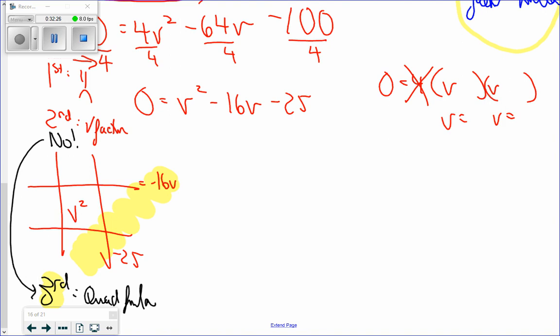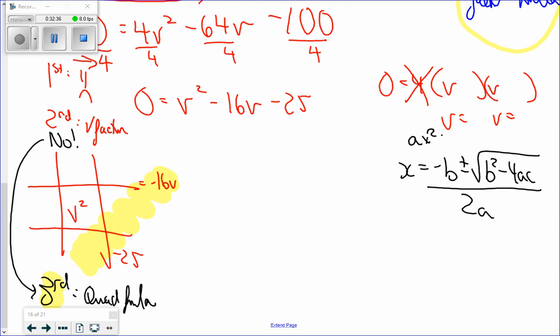So the quadratic formula, that is exactly how it's given on your sheet.